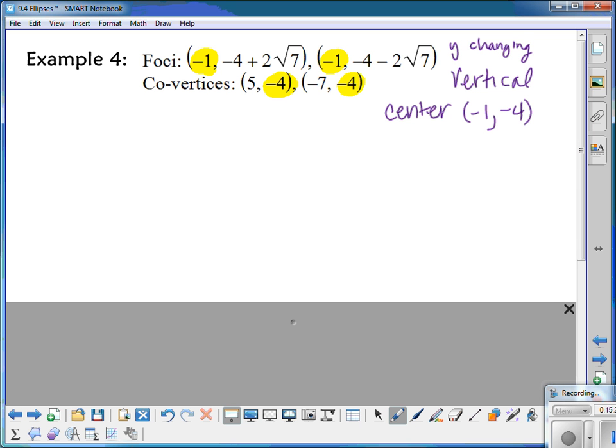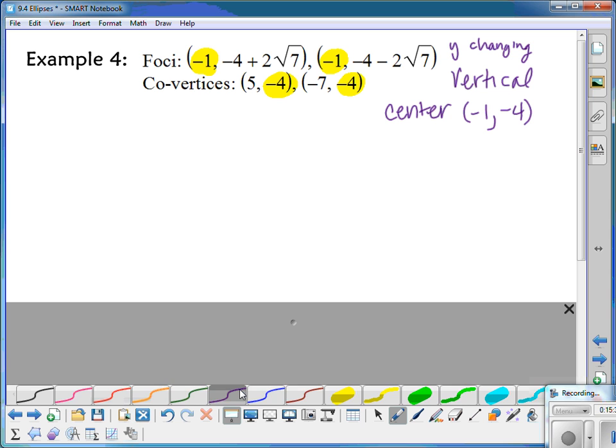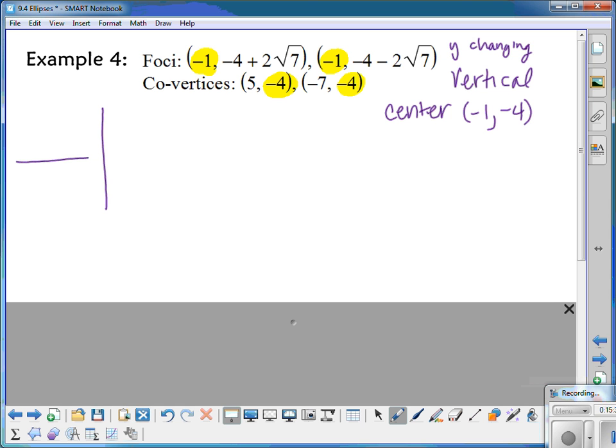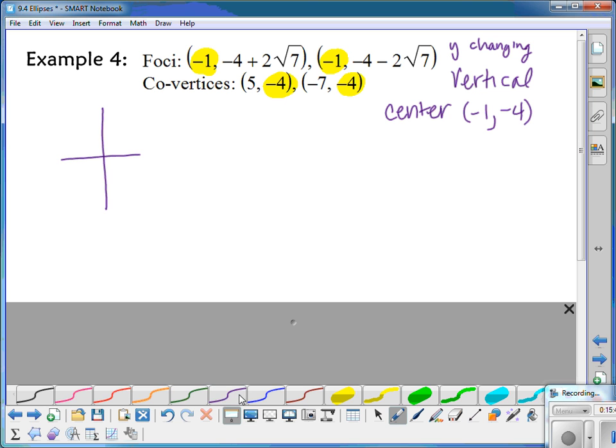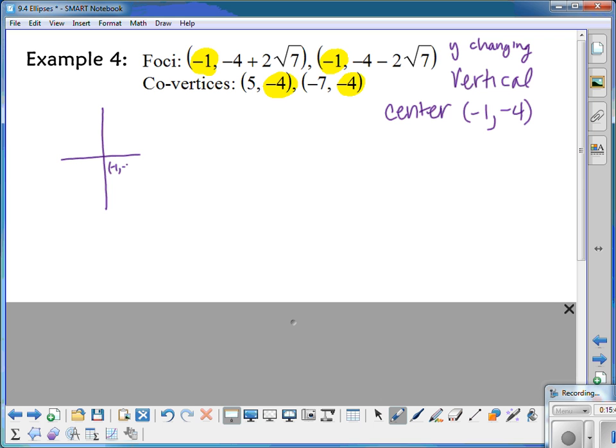All right, so my center is at -1, -4. I think I will actually draw a little picture to go with this one. Oops, it's vertical, so I didn't do a very good job there. There we go.